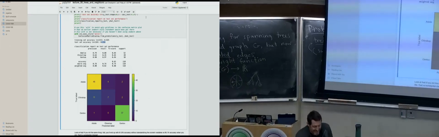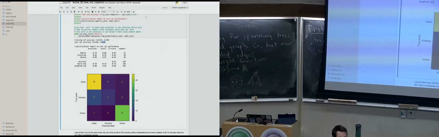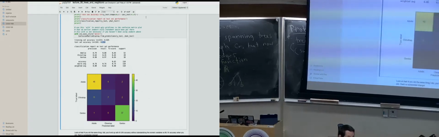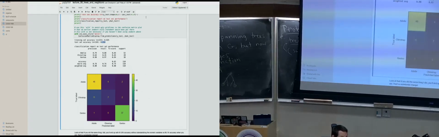Is it always, like as a rule of thumb, is it always good to scale? Yeah, I can't think of something off the top of my head where it's going to screw you over. So if you just want a recipe to follow, scaling is rarely the wrong choice. The only time I could think of when that might be the wrong choice is if those orders of magnitude difference between two features actually should translate into importance differences in your problem.